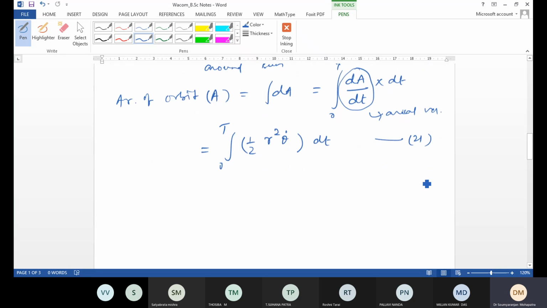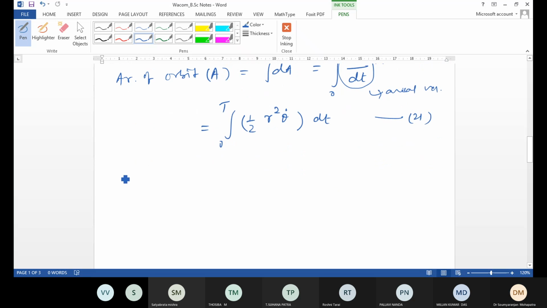And from this equation, we have to substitute the value of theta dot, and we know that the angular momentum is given as m r square theta dot. So you can write directly that this is equal to integral from 0 to T of half r square theta dot.